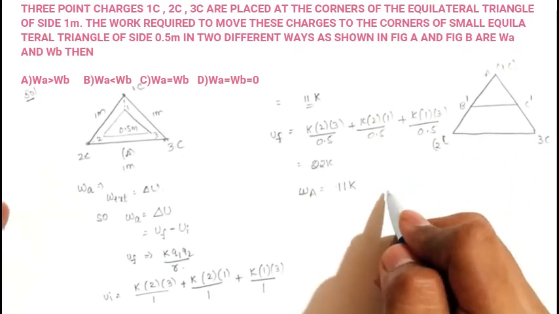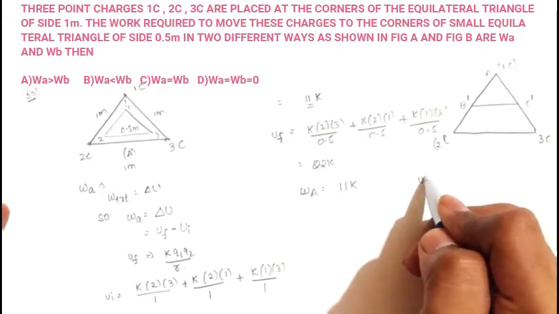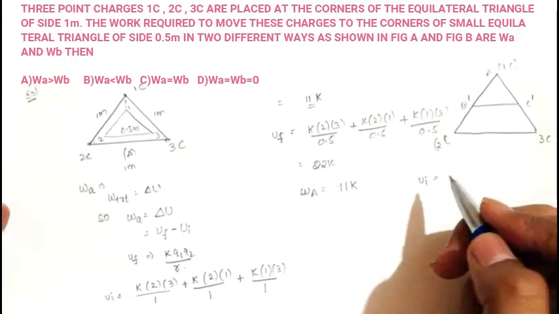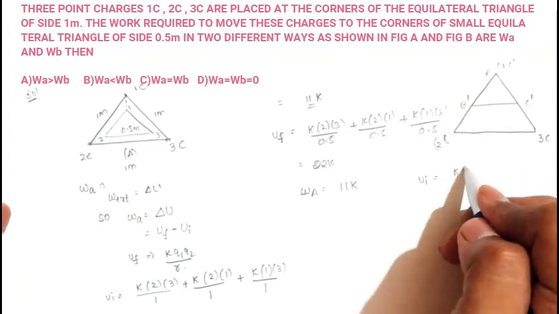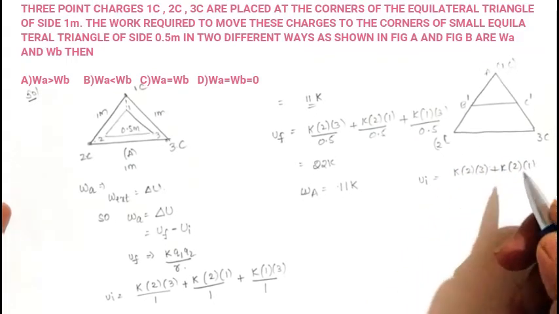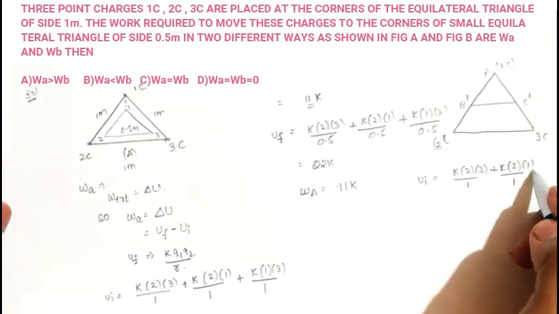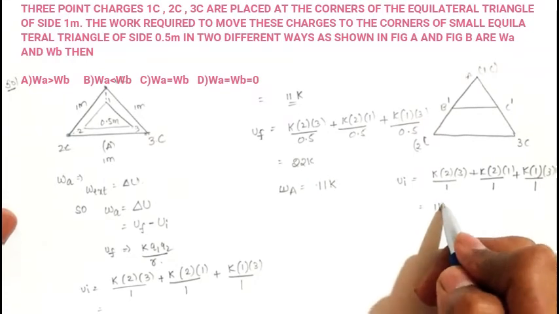Now in the same way, for this also, UI, the initial potential energy, will be the same: K into 2 into 3 plus K into 2 into 1 divided by 1 plus K into 1 into 3, equals 11K.